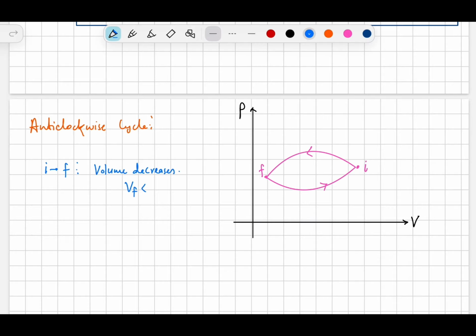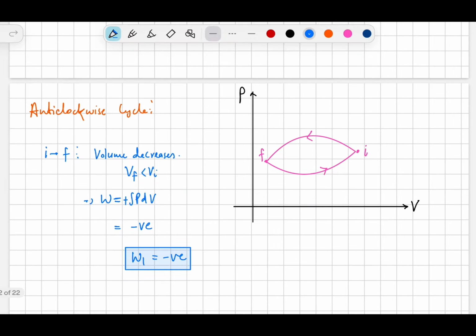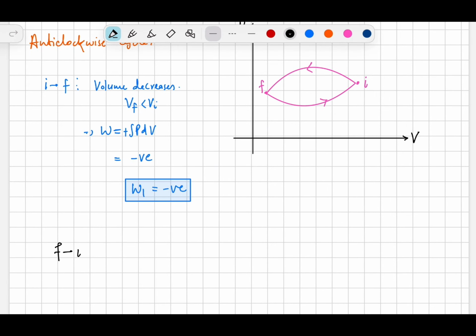V final is less than V initial, implies that W is P dV because work done by the gas is positive, प्लस साइन के साथ लेते हैं हम, तो ये चीज़ क्या निकल के आ जाएगी? नेगेटिव निकल के आ जाएगी, है ना, क्योंकि dV इज नेगेटिव। तो पहला वो होगा, यानी कि W1 इज नेगेटिव। Similarly, if you see for the final to initial position here, volume increases, meaning dV is positive, यानी कि V final minus V initial is positive, implies that W2 is positive, right?